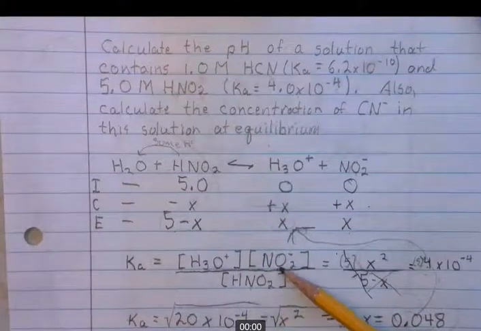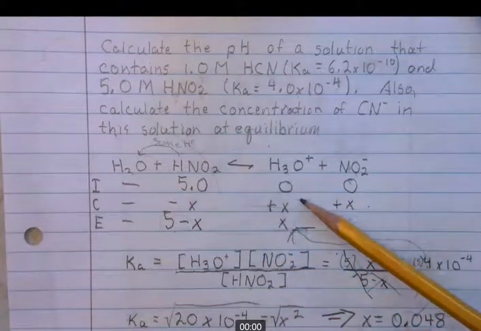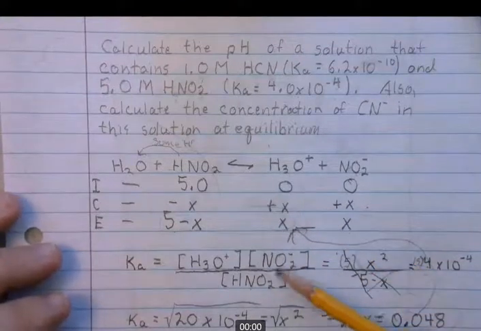Go back to your roadmap sheet and you'll see that these two always work together. The ICE table and this equation are used almost always together to solve problems. When you use one, you use the other generally. Or definitely when you use the ICE table, you use this.